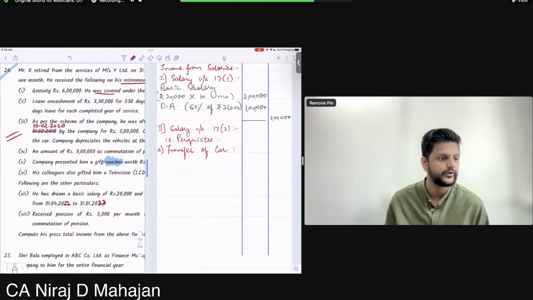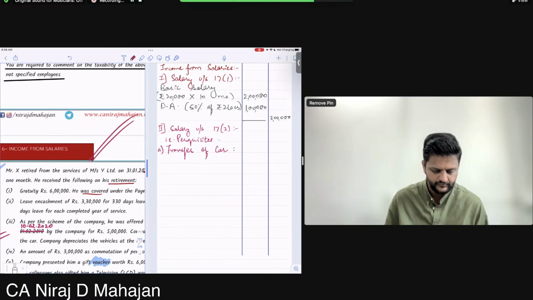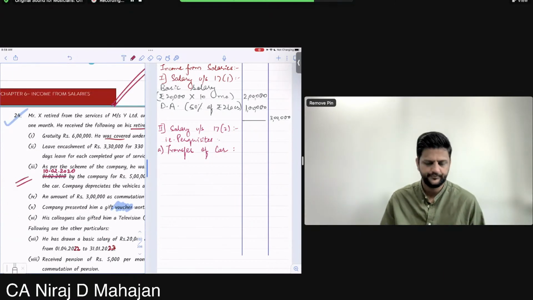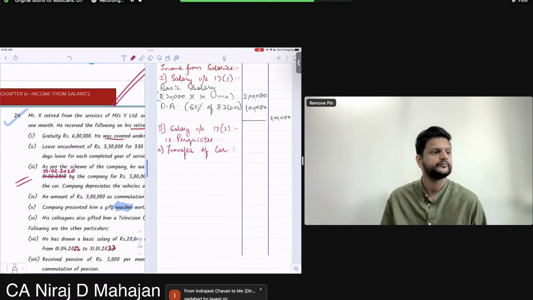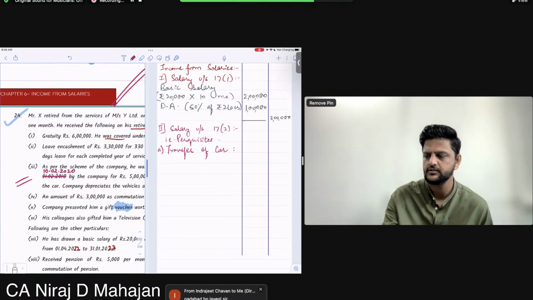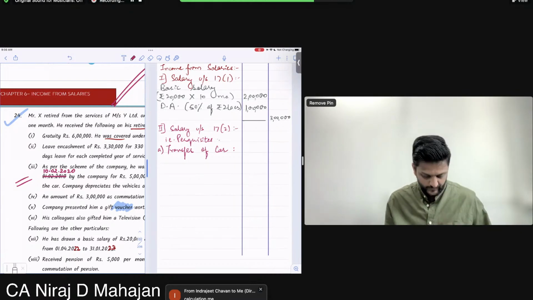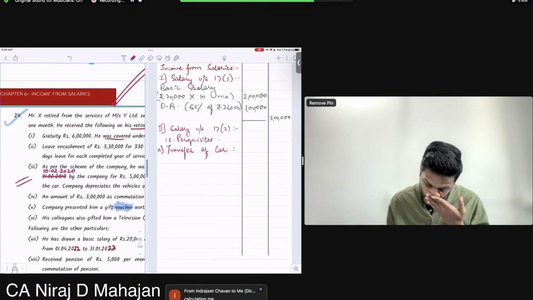I made a small change. Okay, everybody? Make it 10th February 2020. When did the company buy the car? On 10th February 2020. Let's go ahead. To avoid confusion I'm making those changes, because even in your study material the dates are different. I don't want you to get confused unnecessarily.